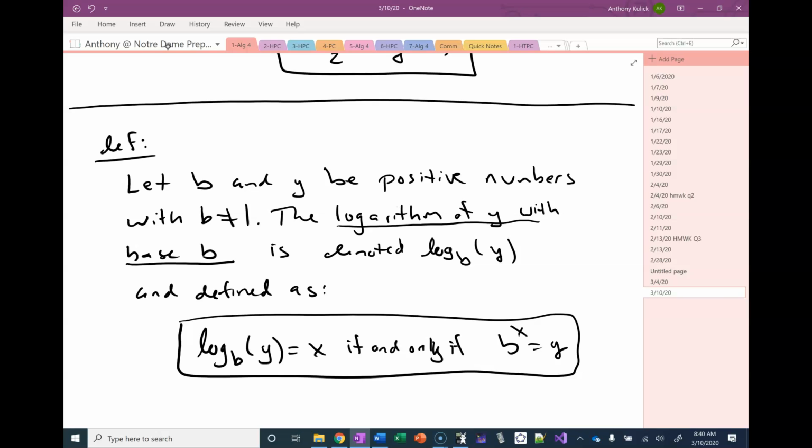So what is a logarithm describing? It's describing the exponent for a certain problem that has a certain base and is equal to a certain value. This is exactly the kind of problem that we were forced to use our calculator to graph and solve for in the previous homework assignments.